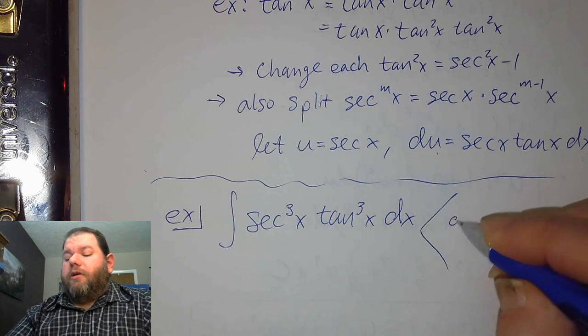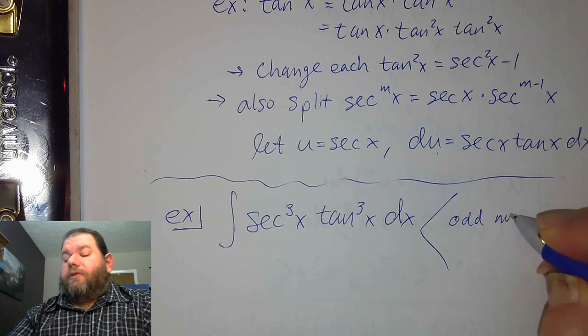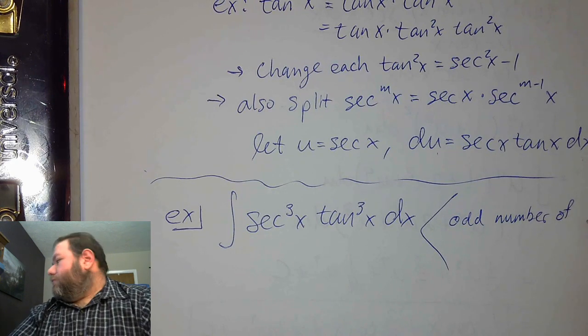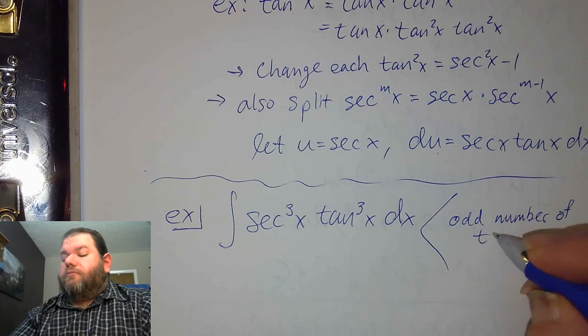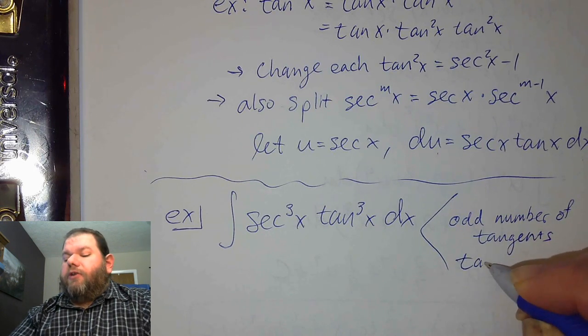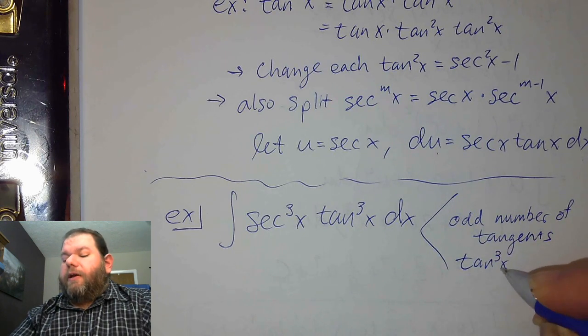So we have an odd number of tangents. We're going to make tangent cubed x into tangent x times tangent squared x.